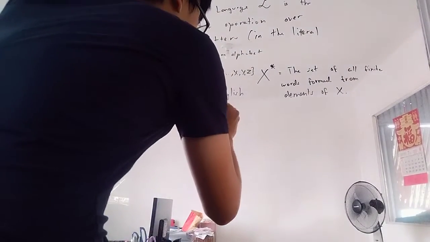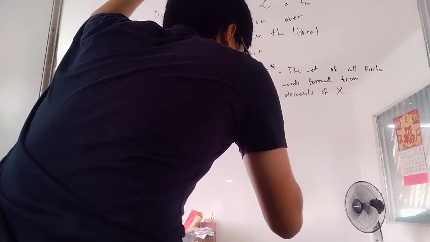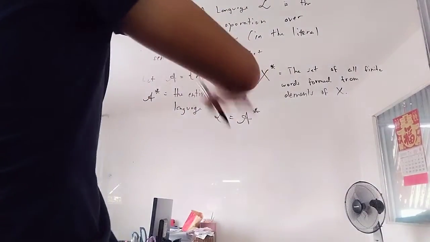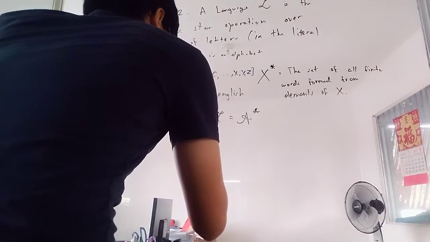From there, we define our math cal L to equal the Kleene star operation on A, which is the entire English language. Any word you can think of is part of this set, such as the word bed.